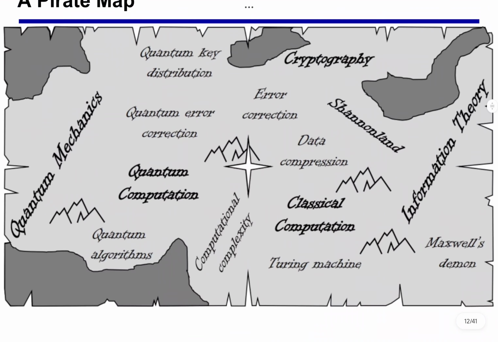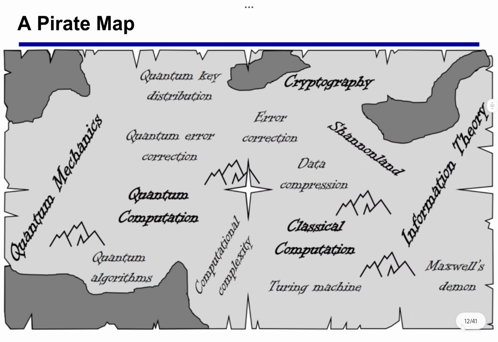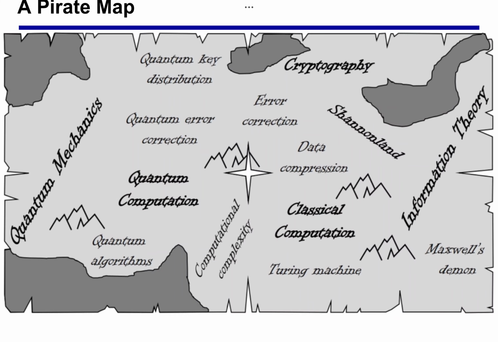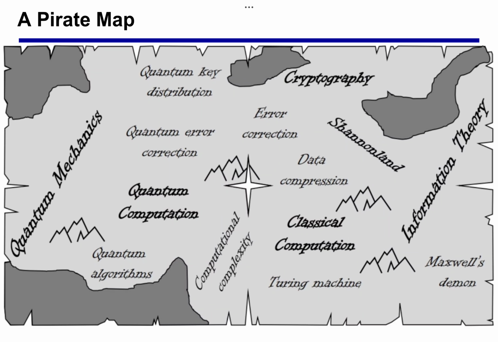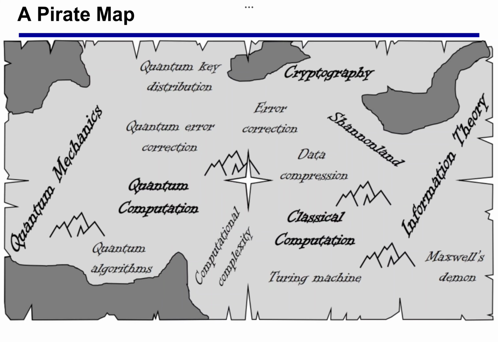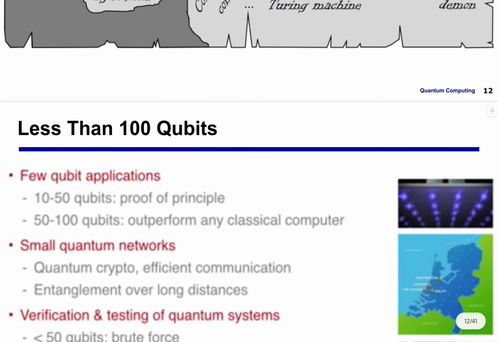In this chapter there are maps that we need to know. This is a huge task force. Maxwell's demon, Turing machine, quantum algorithm, quantum computers, data compression, cryptography, quantum key distribution, quantum information theory, and so on.